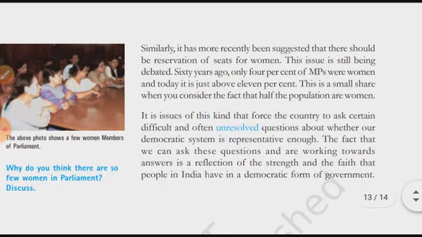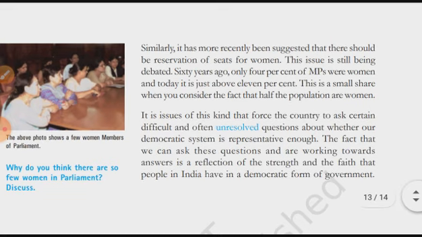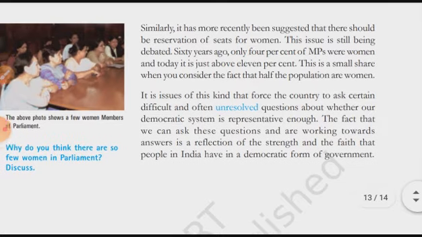It means the number of seats for women must be increased.